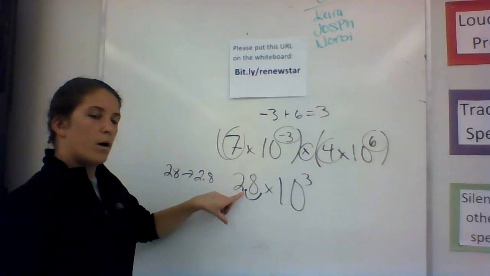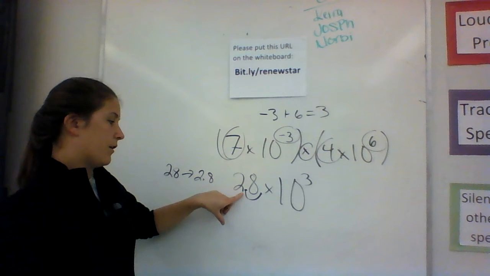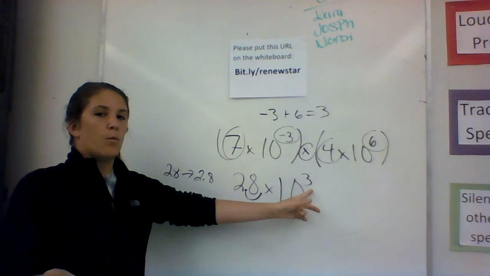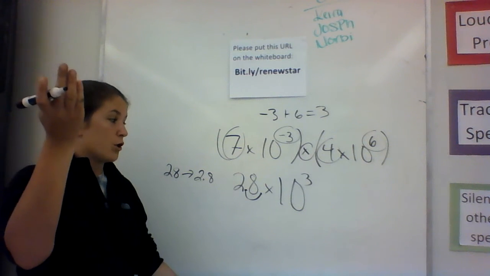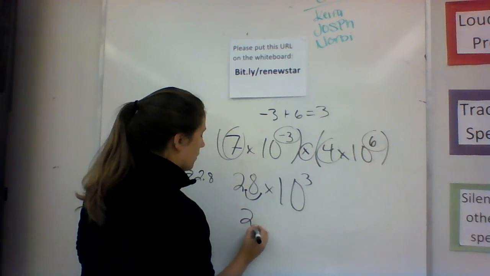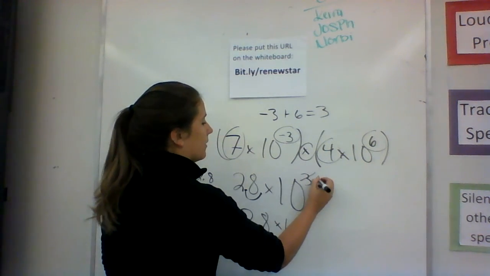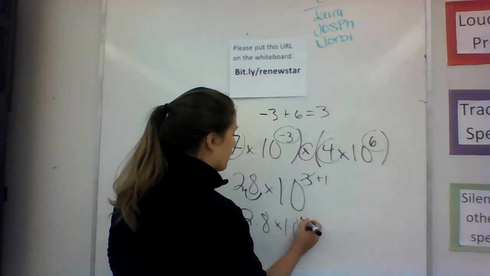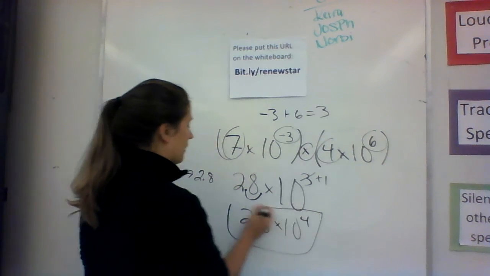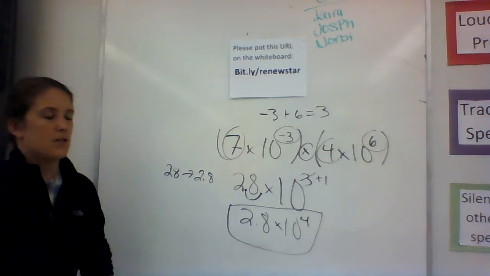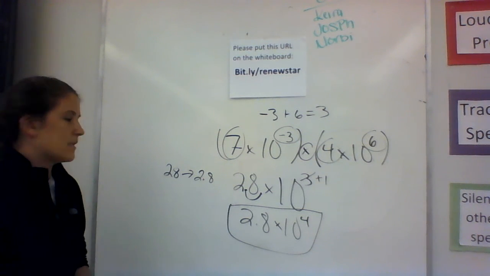If I made this one place value smaller, then to balance it out, I need to make my exponent one place value larger. So I made my number smaller, which means my exponent becomes 1 higher. I get 2.8 times 10 to the 4th power. That is my expression in scientific notation.